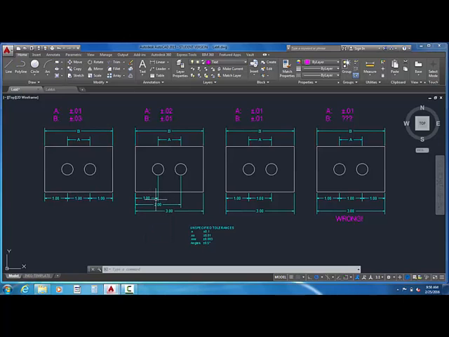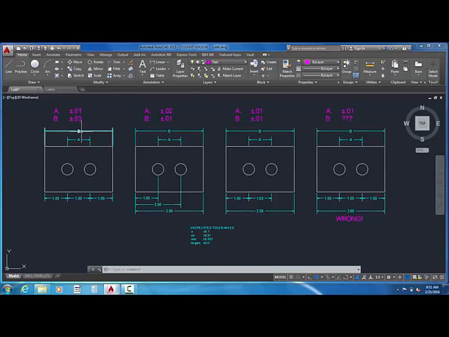Similar logic, this dimension could be as large as 1.01. This dimension could be as small as 1.99. And in that case, the dimension between the holes would be 0.98 or 0.02 under. So the difference between this drawing and this drawing is that the tolerance on the distance between the holes is very different. It's plus or minus 0.01 here, plus or minus 0.02 here.